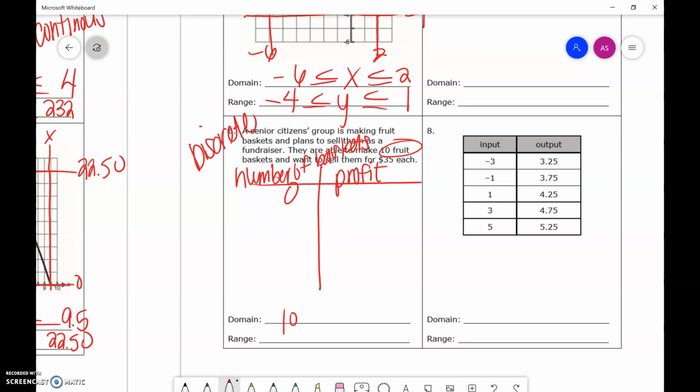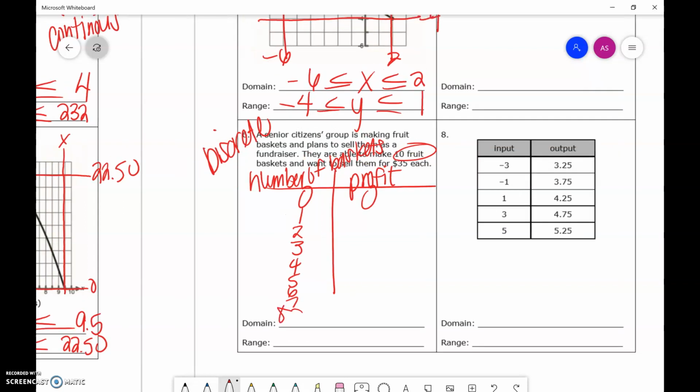So I'm just going to add this up. If I sell 0 baskets, I make $0. Let's go ahead and just put in all these numbers here: 7, 8, 9, 10. So each basket I sell is $35. I could just multiply it or add it each time, depending on what you are comfortable with.